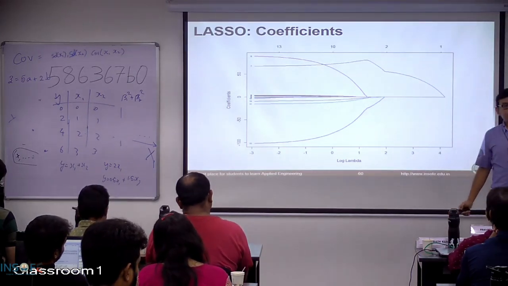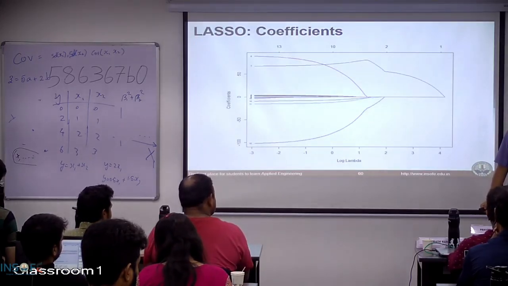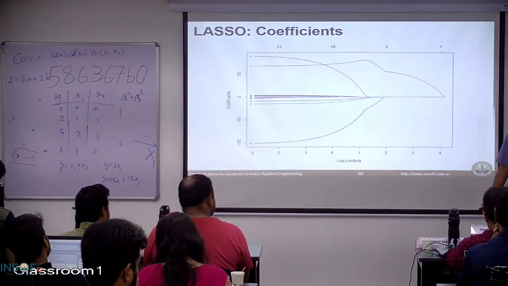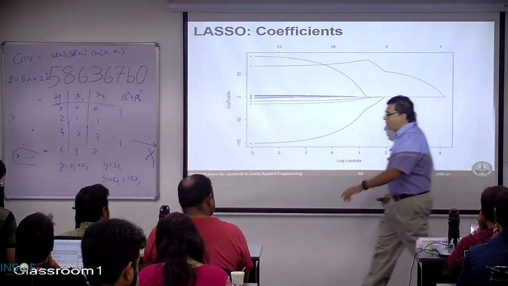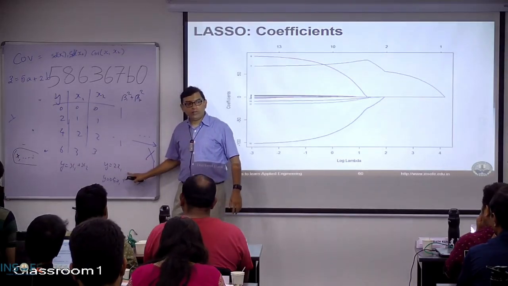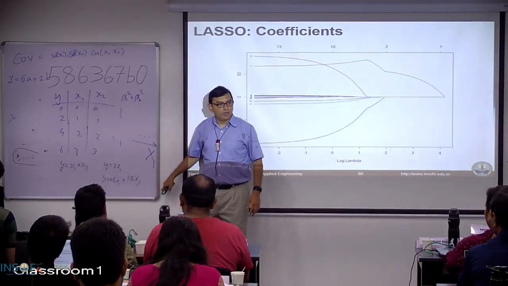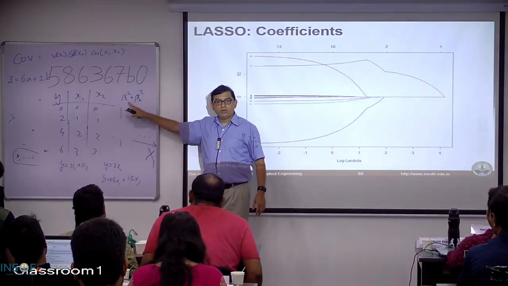Ridge does not do feature selection, okay? But ridge does very well when your variables have multicollinearity. You remember this particular problem, where I said there are infinite possible combinations, and I asked you to do beta 1 squared plus beta 2 squared.